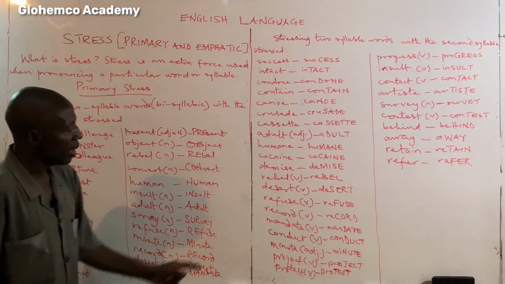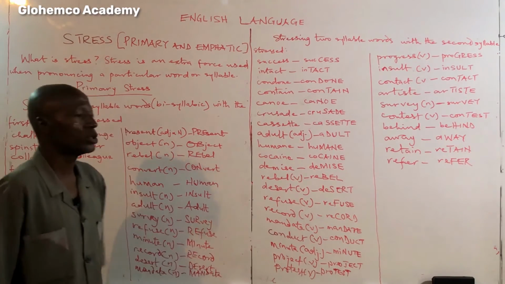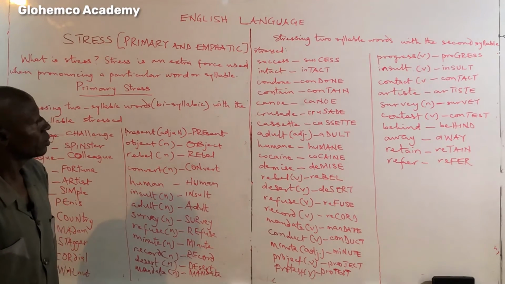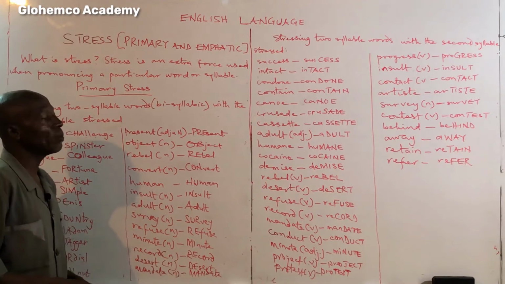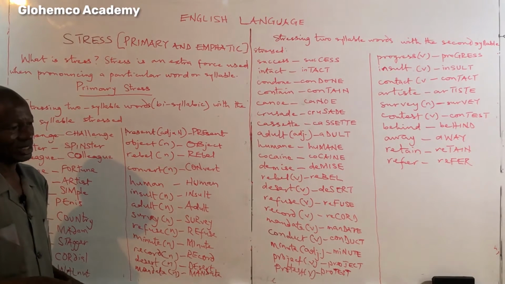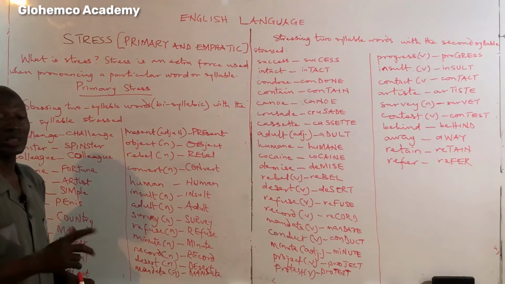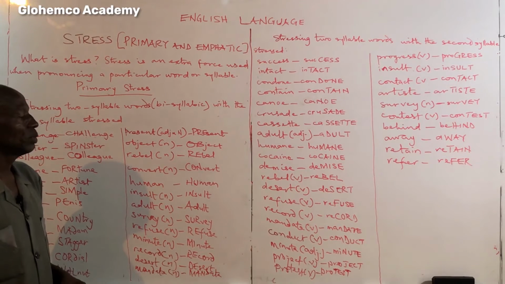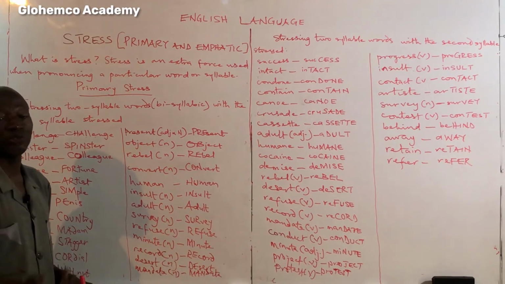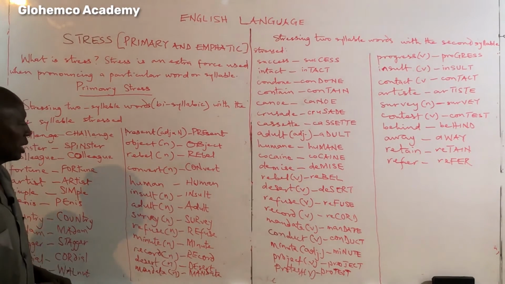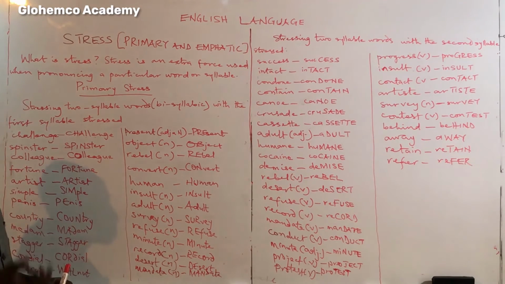Record. Then you have record. Now, your knowledge of this will also help your reading, because sometimes you may be expected to say desert and you are saying desert, or to say refuse and you say refuse, or insult and you say insult.